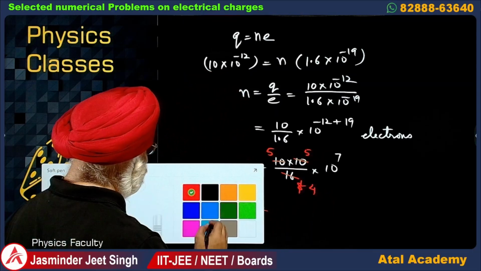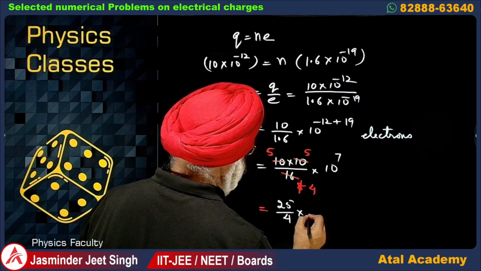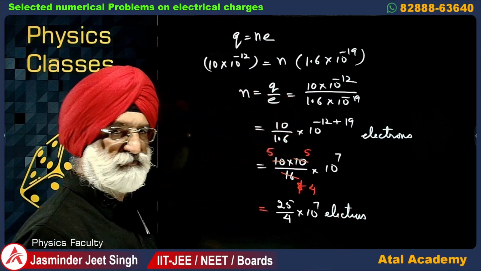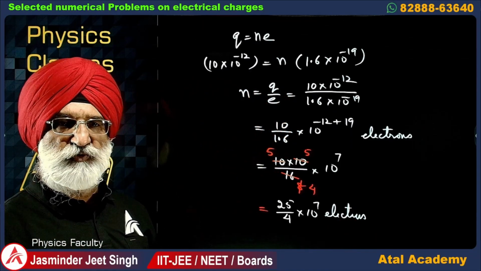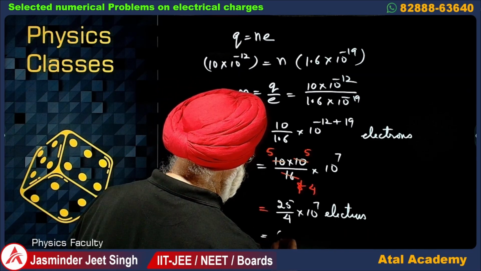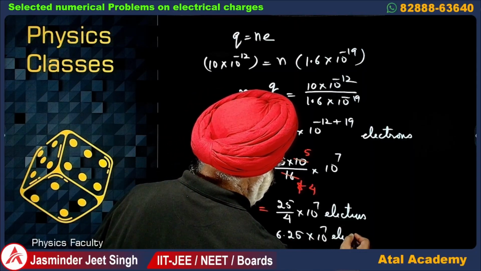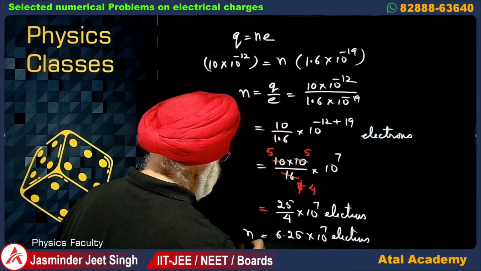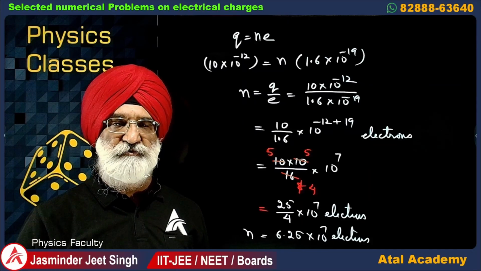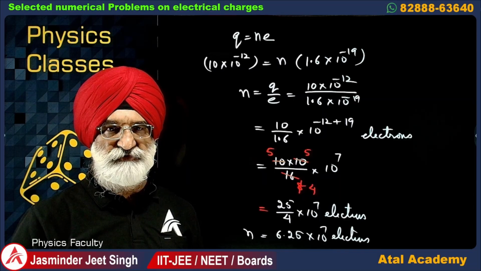We will be getting 25 upon 4 into 10 to the power of 7 electrons. 25 upon 4, if you solve it, it will be 6.25 into 10 to the power of 7 electrons. That means 6.25 into 10 to the power of 7 electrons are to be removed from that body in order to give that body a positive charge of 10 picocoulombs.